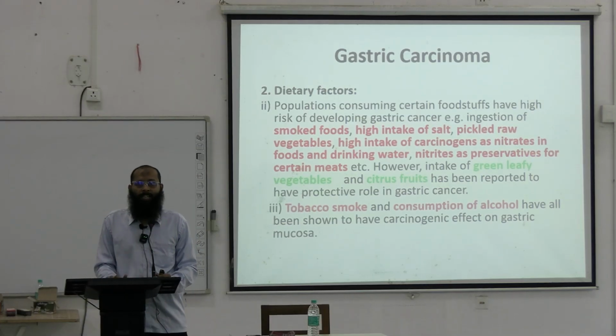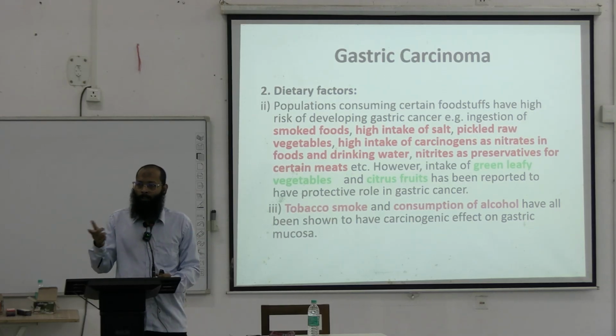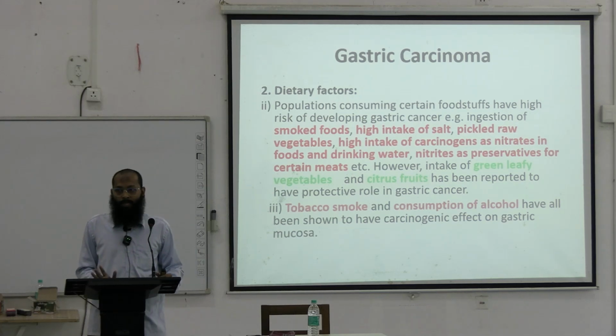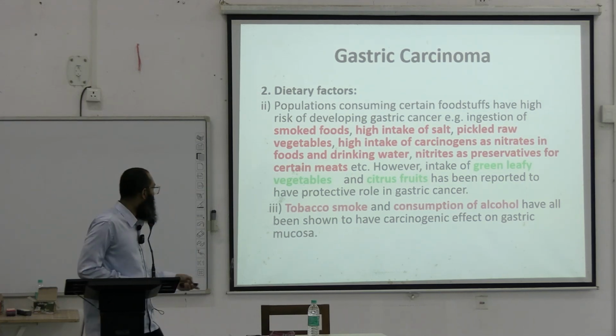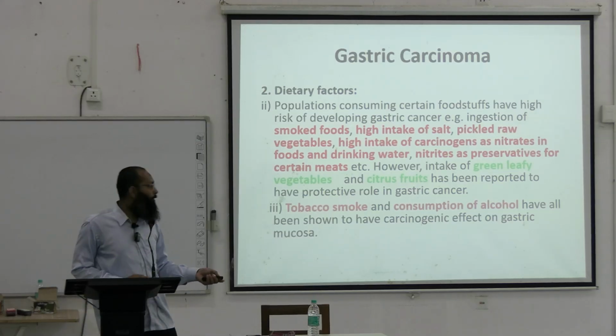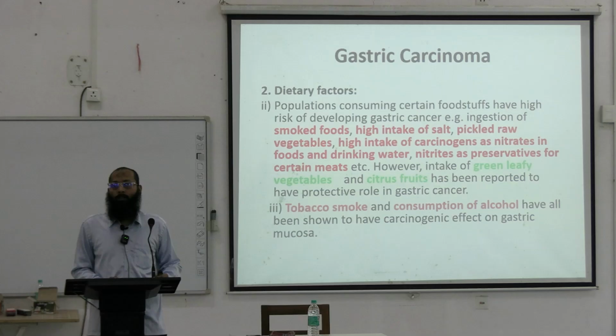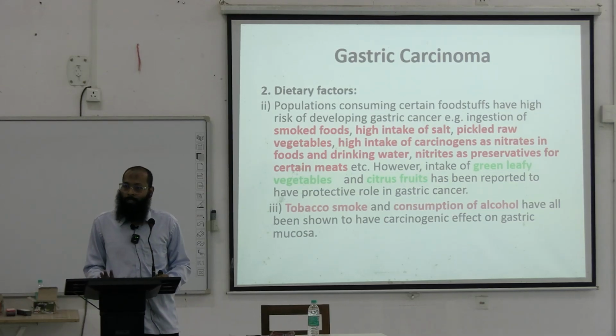Any one example of citrus fruit? Patinemu. That patinemu is also a part of Bengali cuisine, so that is actually good for stomach health. And tobacco smoking and consumption of alcohol are bad for stomach health.